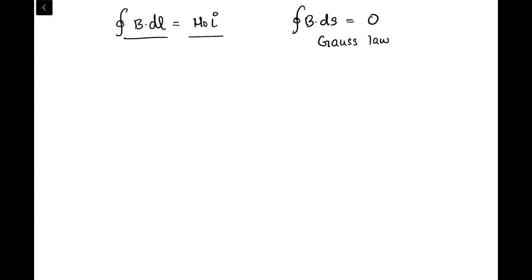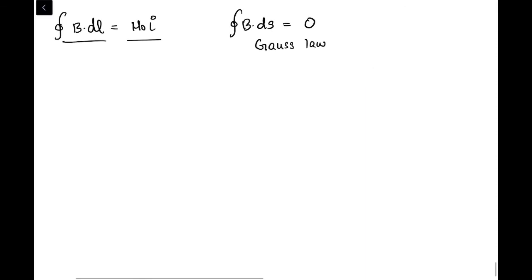And there is one more formula connecting magnetism, which is the first formula that we studied, Biot-Savart's law. Biot-Savart's law gives the magnetic field due to a very small piece of current carrying conductor, which is equal to mu 0 by 4 pi I dl sine theta by r square.